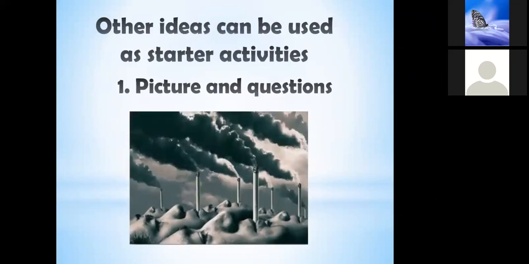Now, here there are some other ideas. Other than the activity which is linked to the topic, other ideas can be used. So here we can show them a picture and ask them to form questions. So they can think and form a question.